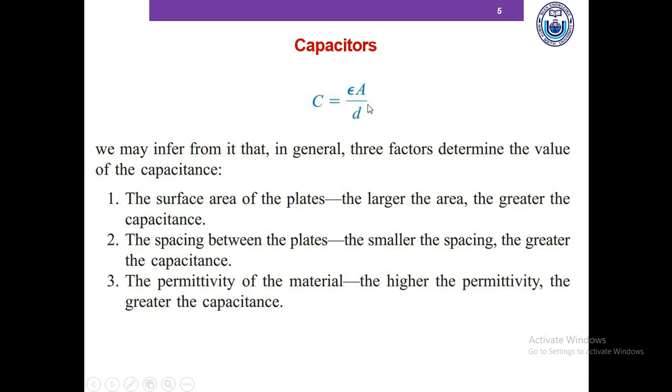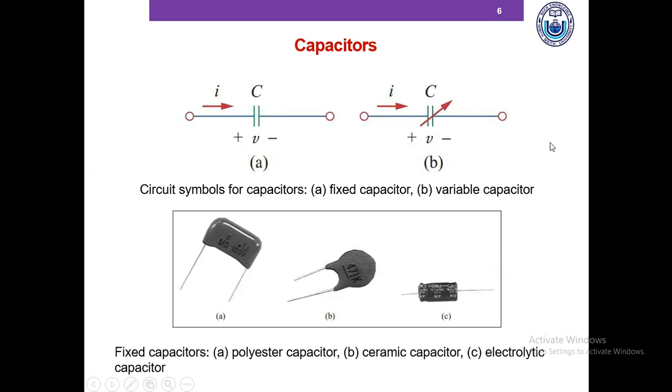And the spacing between the metal plates: the closer the metal plates are, the higher the capacitance is. And the permittivity of the material is also another factor that affects capacitance. The higher the permittivity is, the greater the capacitance is. So C is equal to epsilon A divided by D.